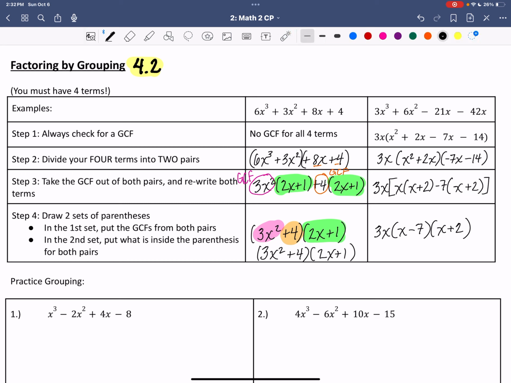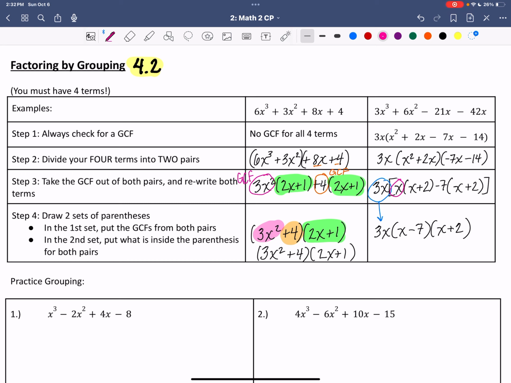So now let's go ahead and write that. We're going to leave the 3x on its own, doing its own thing. This guy goes right down. Now, like we said before, our first GCF is going to go here.